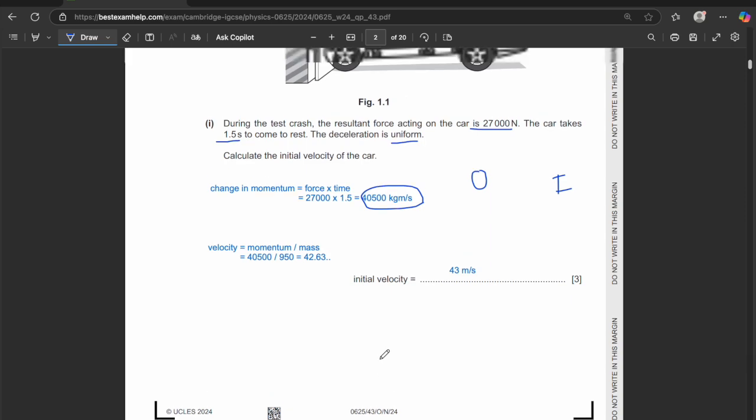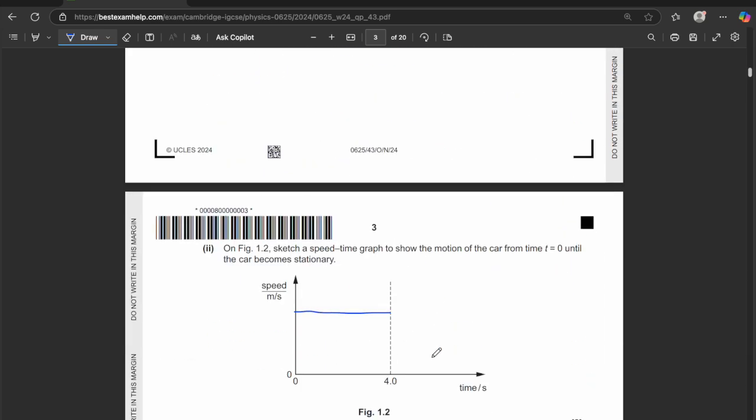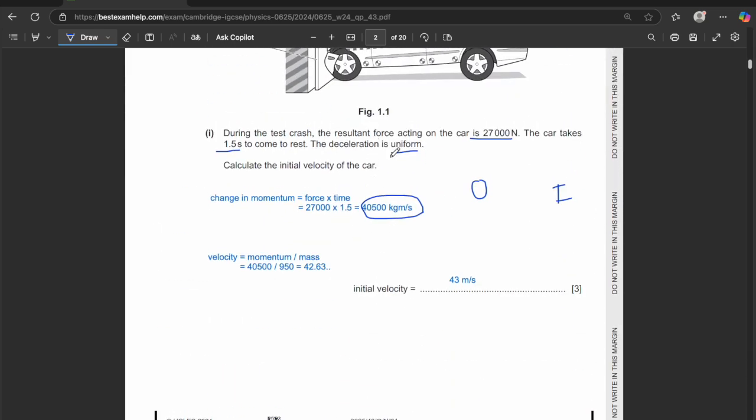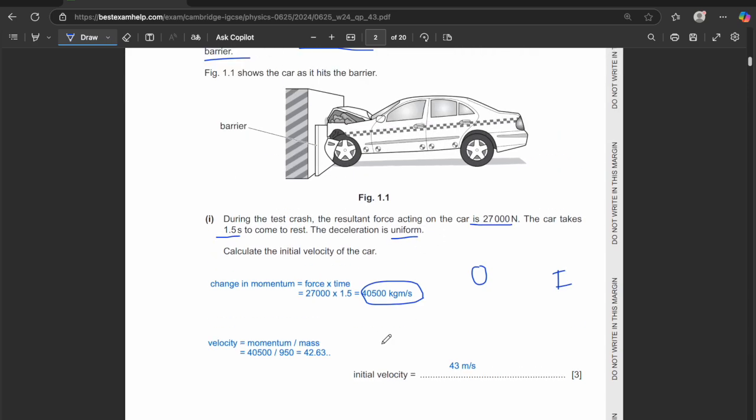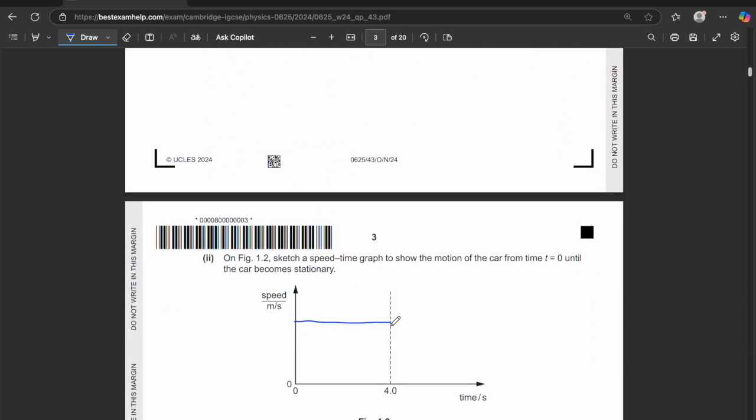Then it got hit, so it will decelerate with uniform motion. Deceleration is uniform, therefore the gradient of the line will be constant. It will be a straight line, and the speed will decrease. So it will look something like this.